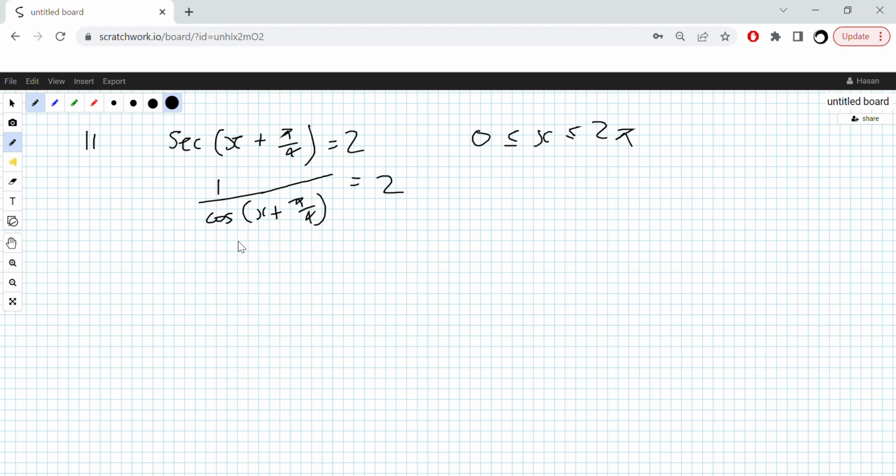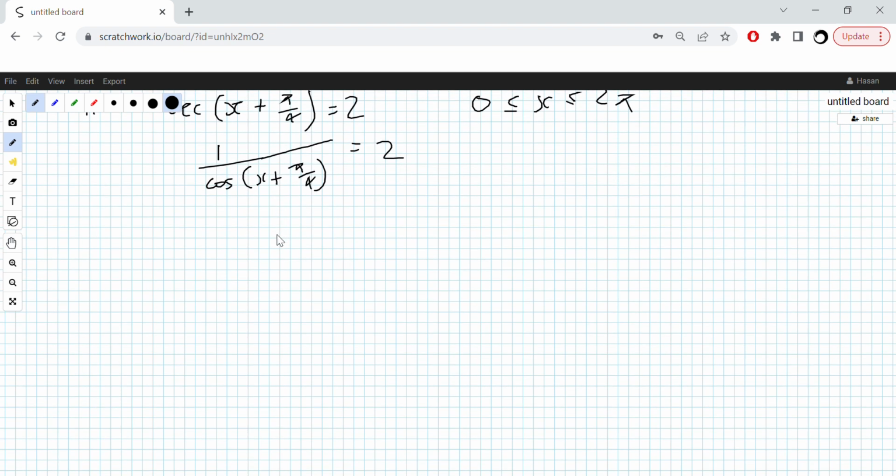We need cos written properly, so we're going to rearrange this, and then it's going to become cos(x + π/4) equals a half. Now we need to get this in the form of cos y equals half, to make it easier. So we're going to say x + π/4 equals y. So cos y equals a half.